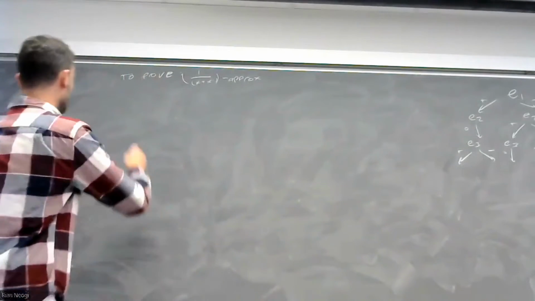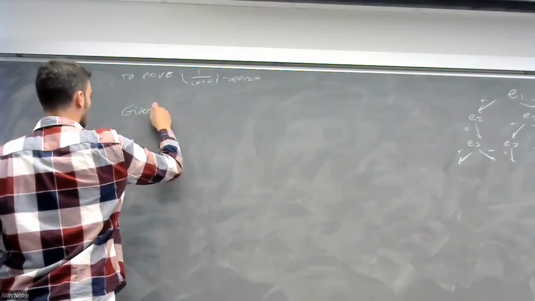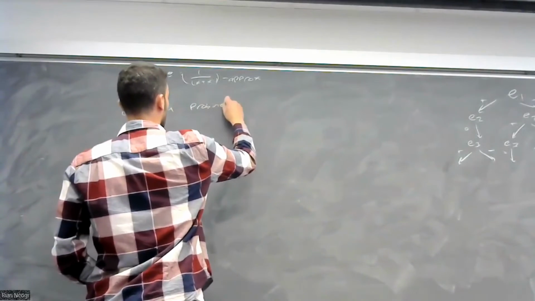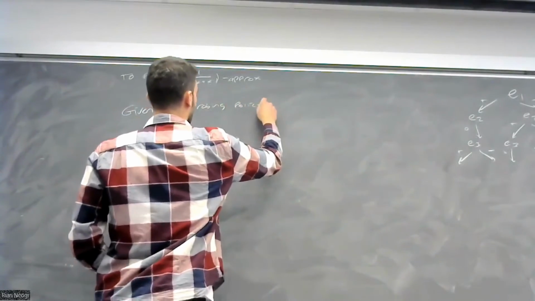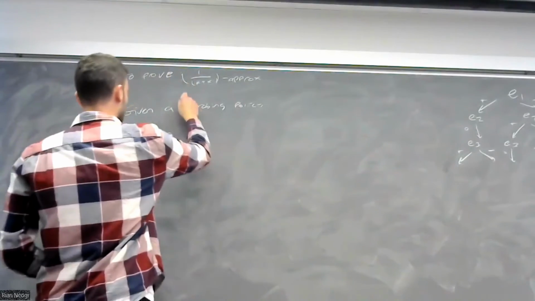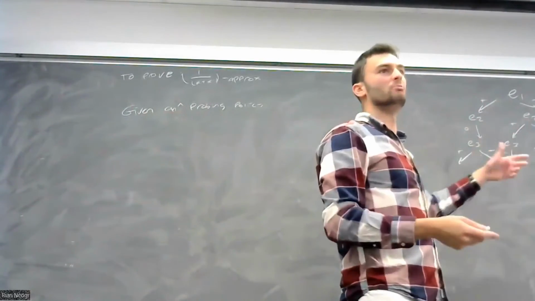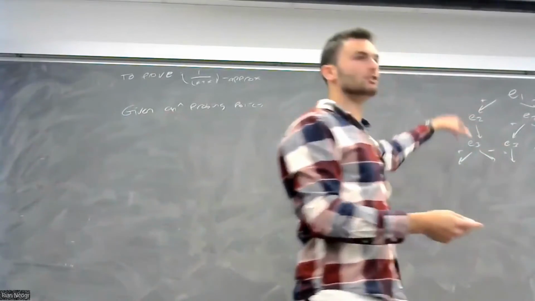All right, let's say we're given a probing policy. It could be adaptive or non-adaptive. Note also that the greedy algorithm is a non-adaptive policy because it doesn't change based on the outcomes.